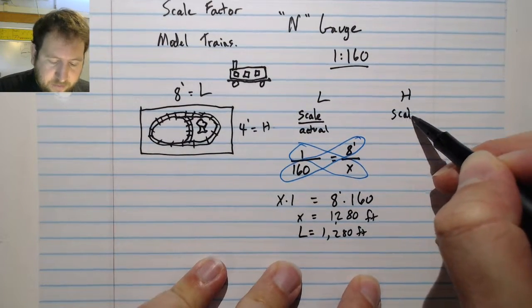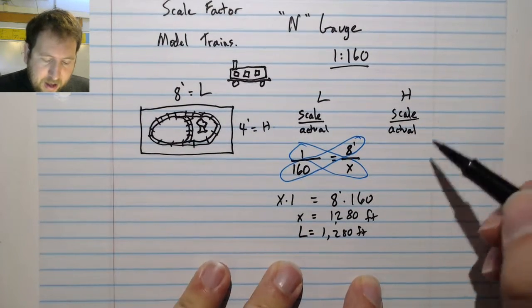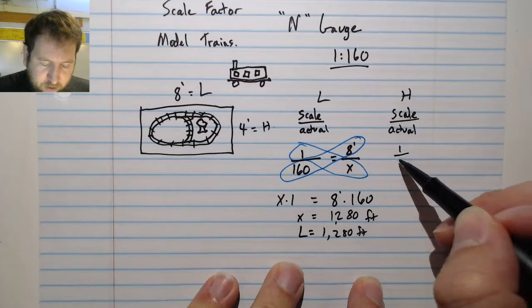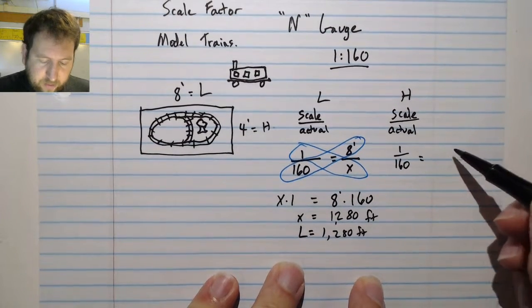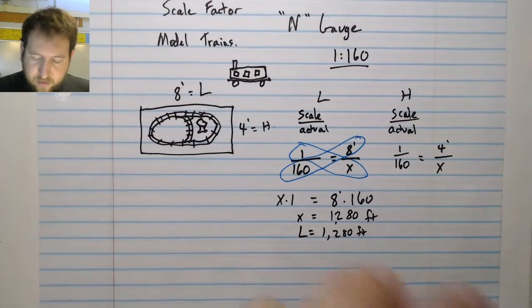So again, I'm going to remind myself that I'm always going to do scale to actual. And I'm going to write it out. My scale here is 1 to 160 equals 4 feet to x. Cross multiply.